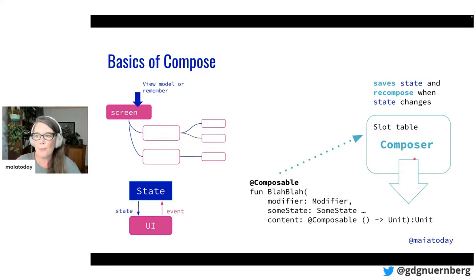The composer, together with other libraries hooked into the view system, knows how to make those views visible on your screen. You're just declaring what you want, and the composer is the magician in the background that makes the views appear and decides when you need to recompose because of the state. So that's a little bit of Compose theory.